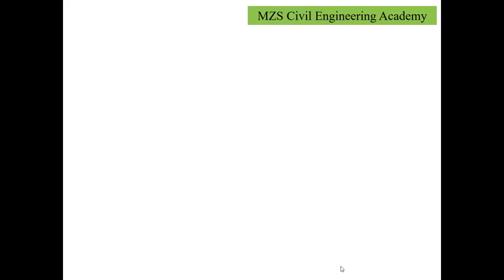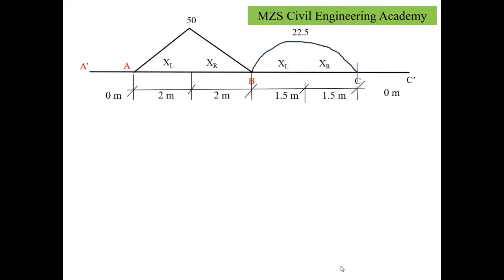I will move towards the application of the three moment theorem. For this, firstly, I will consider a geometry applicable for the first three supports. So we will consider the profile A dash A B, meaning the first two spans, which I will call 0 and 1, meaning span 0 and span 1. Span 0 is an imaginary span, that's all.